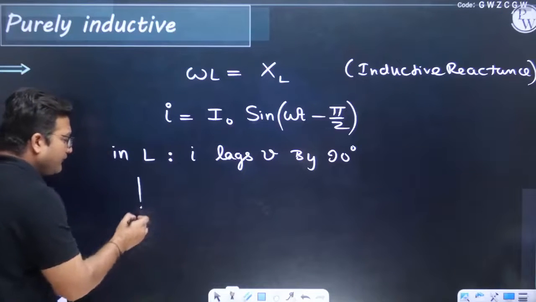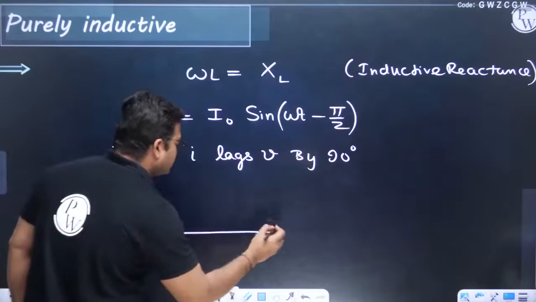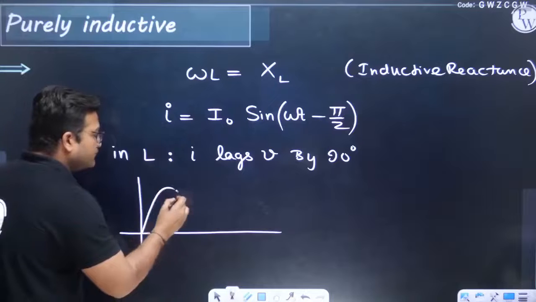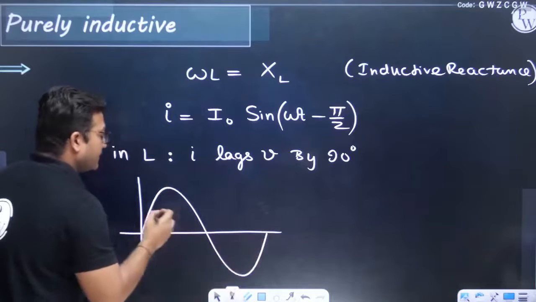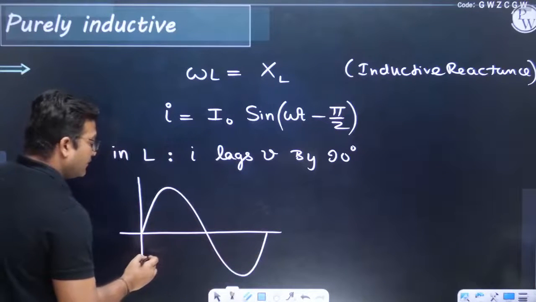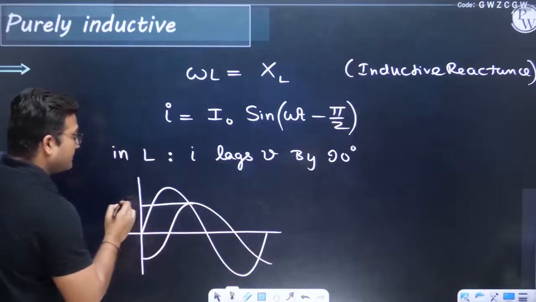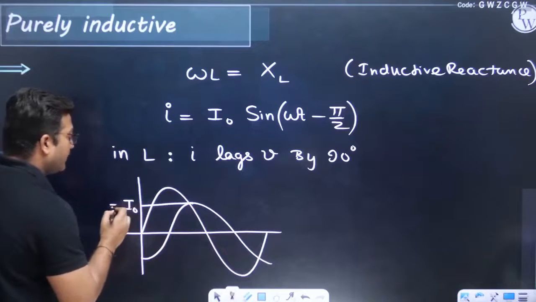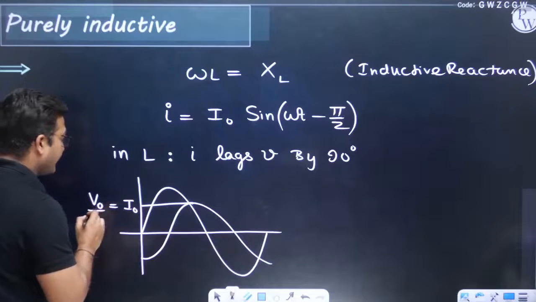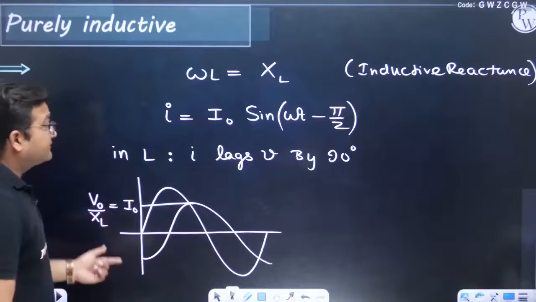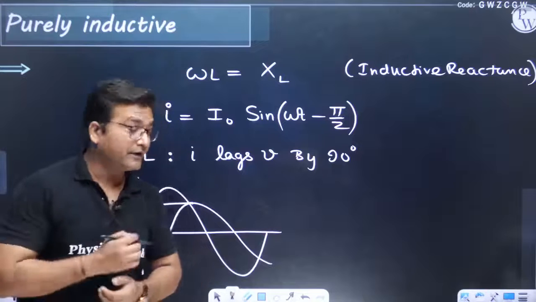If we draw the waveform, if the voltage waveform is like this, the current waveform would look like this. The maximum current I naught would be equal to V naught by XL, where XL is omega L. Okay.